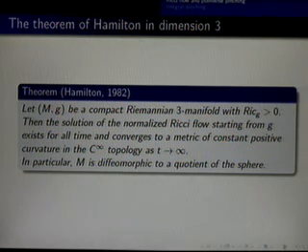So first of all, I begin with the classical result of Hamilton. It was the beginning of geometric analysis.